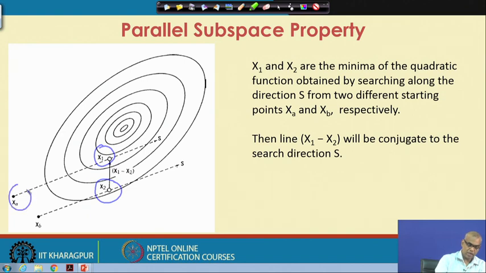So, from x a, if I do an unidirectional search to find the minimum of the quadratic function, I get x 1. Similarly, when I start from x b and perform unidirectional search to minimize the quadratic function, I get x 2.